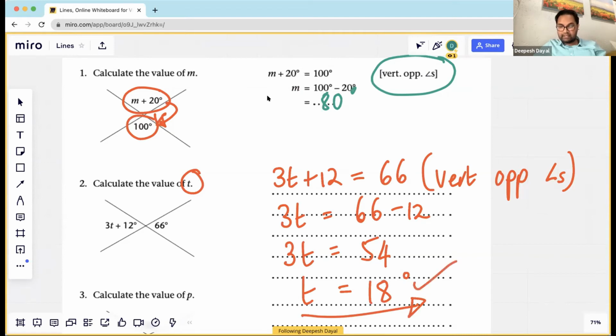Okay, well done. So if we plug it in here, it's 3 times 18 plus 12, which equals 66. Yeah, 66 degrees. There we go.